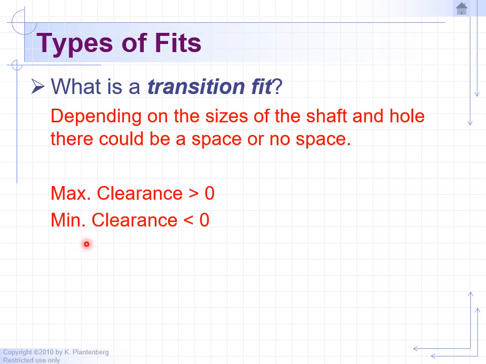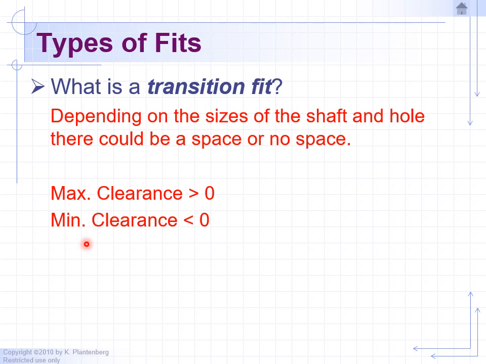So in this case, when you have a bucket full of shafts and a bucket full of blocks with holes, as long as they both are within the tolerance provided by the drawing, if you randomly pick a shaft out of the bucket and a block with a hole randomly out of the other bucket, and you place it inside, you don't know if you're going to end up with space or no space.